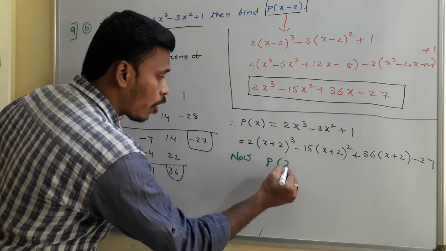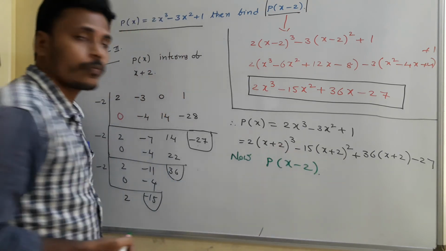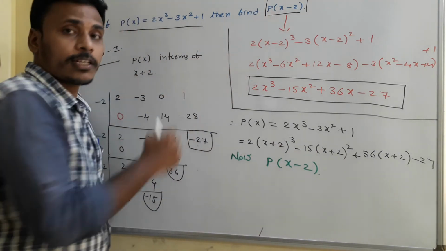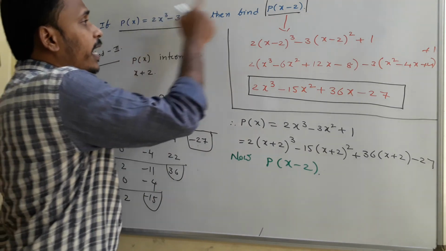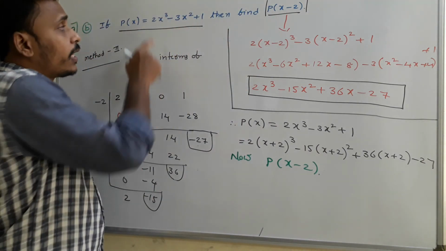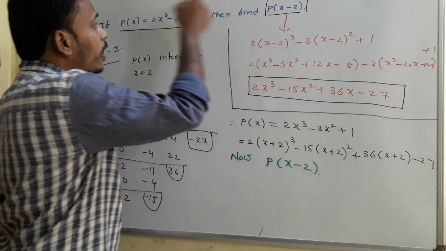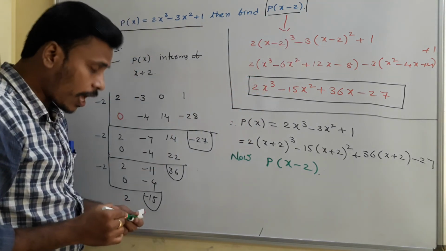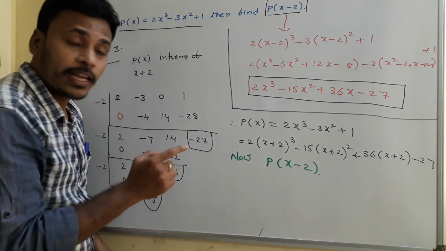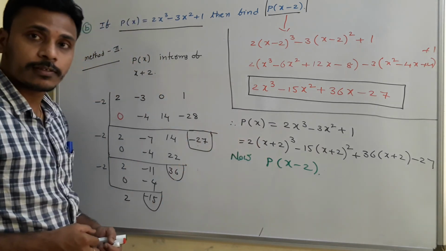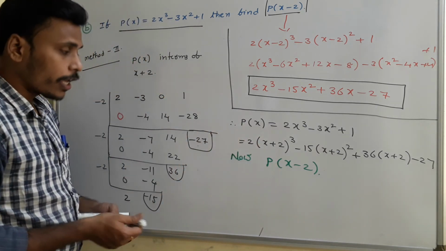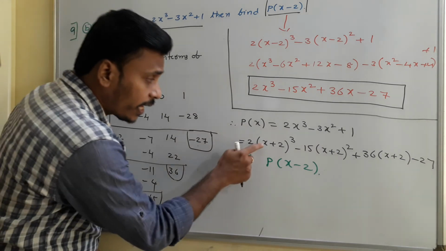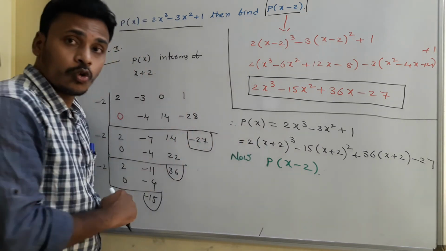Now p of x minus 2. So to find p of x minus 2, replace x with x minus 2. This is the part of simplification. Now you just replace x with x minus 2 in this place. So how will it become?